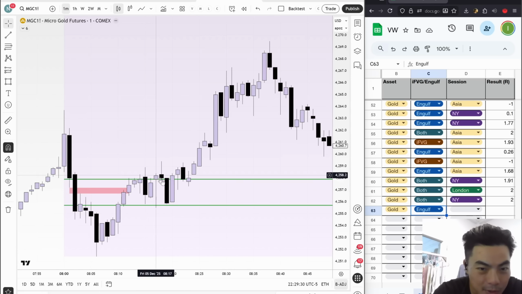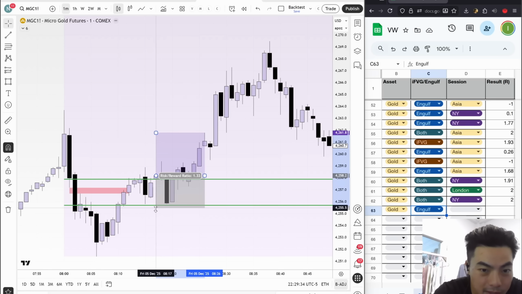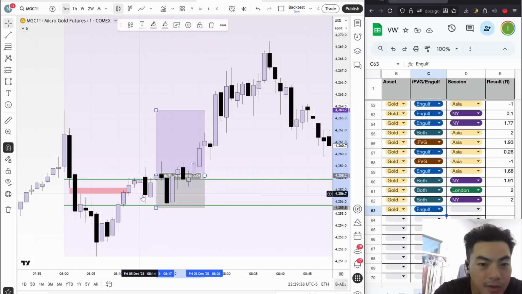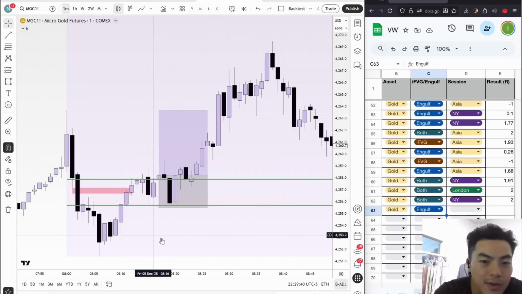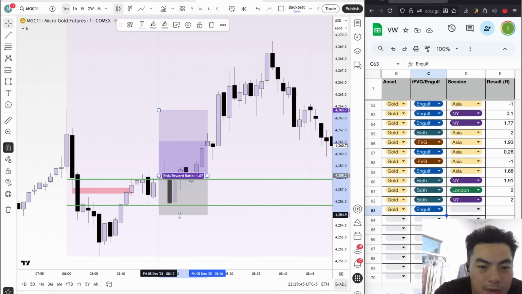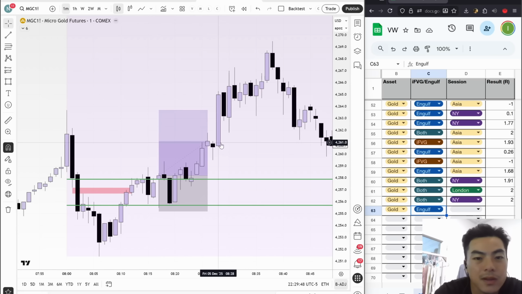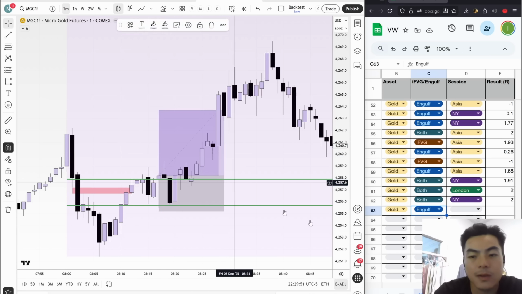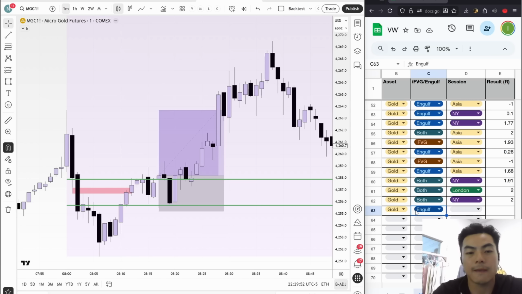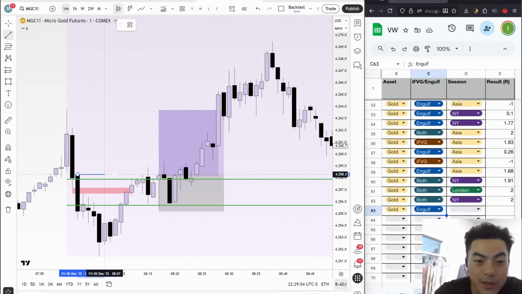So that would actually be your entry there. Stop at this low, targeting these highs. Okay. Nice. Give a bit of wiggle room. Yeah, 1.83R. So it's not an engulfing candle entry because, yeah, but it inverse fair value gap there.